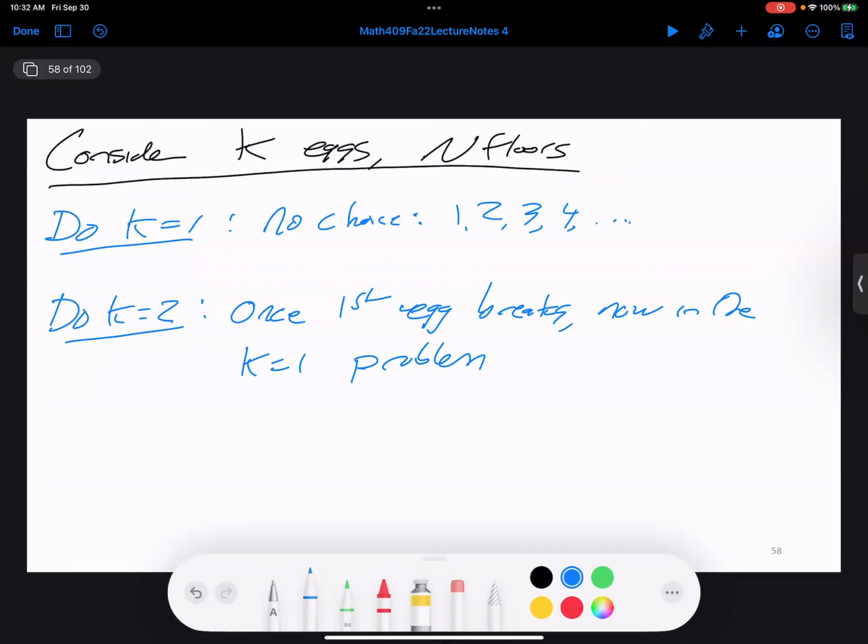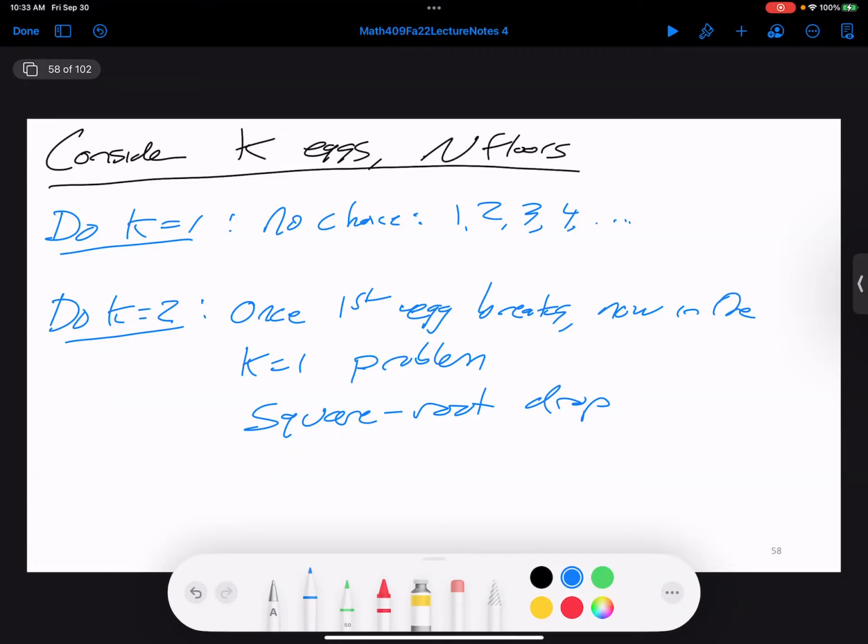So what was our strategy? So where do we drop the first egg? So we did a square root drop. Now, do we know that this is the best strategy? We just know that this was a candidate.